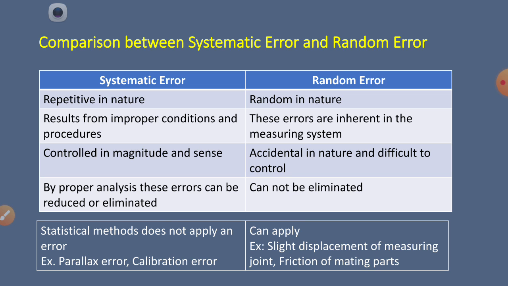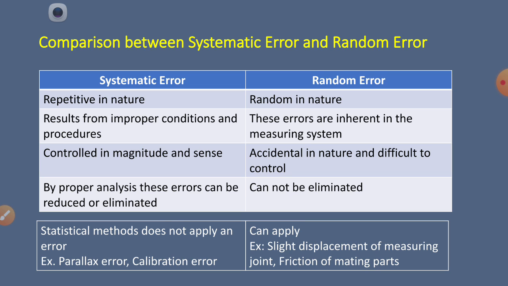If the procedure is not the same, automatically the value changes. Conditions like temperature, humidity, pressure and external effects like electrostatic field and electromagnetic field, we cannot observe, but they may change, and then automatically the output also changes.